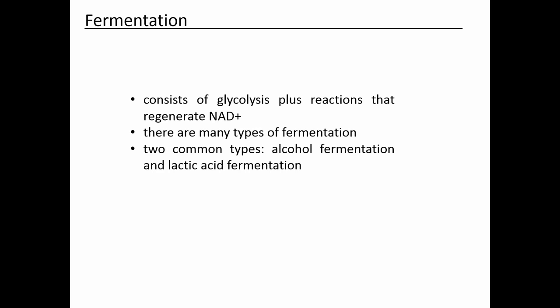You break them apart into carbon dioxide and acetaldehyde. So again, you're going to break down pyruvate into carbon dioxide and acetaldehyde. At the end of this first step, you're going to be left with 2 carbon dioxides and 2 acetaldehydes.